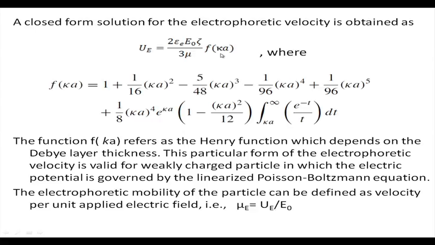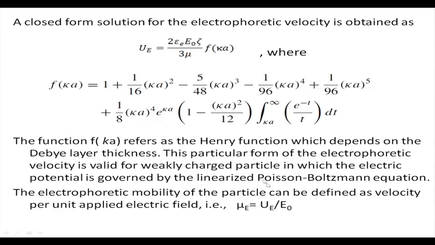There is no doubt about it, and this f kappa a is governed this way. So, this is referred to as the Henry function. Now, the electrophoretic mobility is mu e E 0.